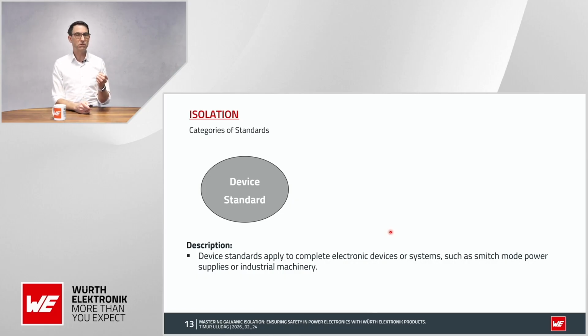When you speak about a device, then this is more than a component. It is a subassembly. It is, let's say, a small application, or can also be a bigger application. That means it is built of a lot of parts, a lot of components. Then we speak of a device.